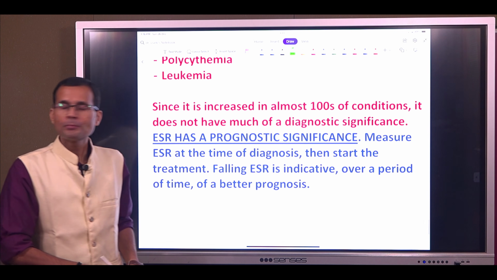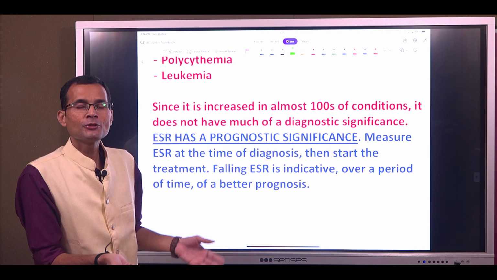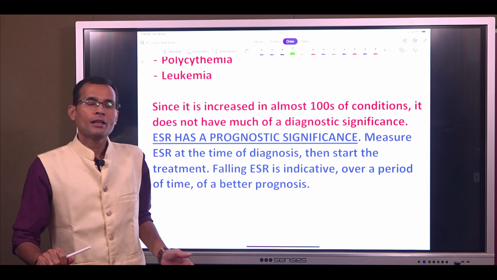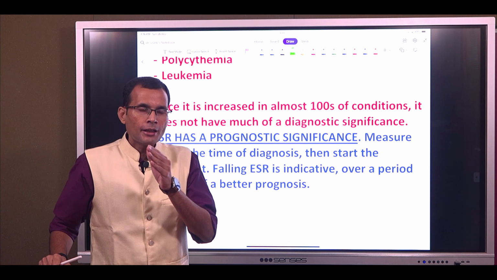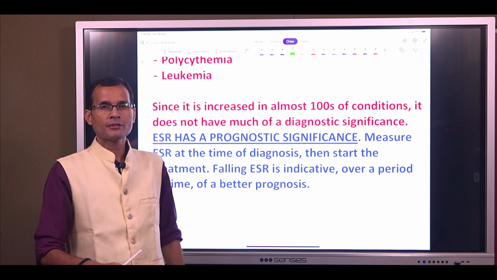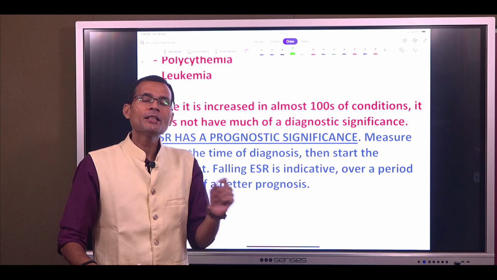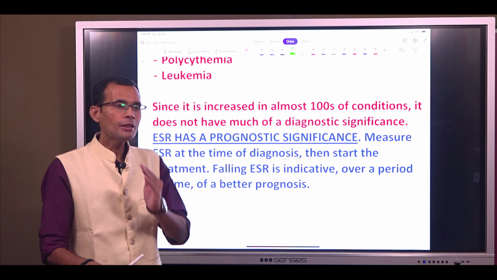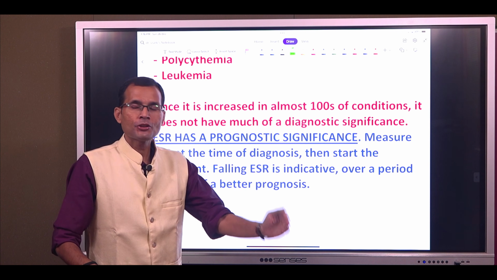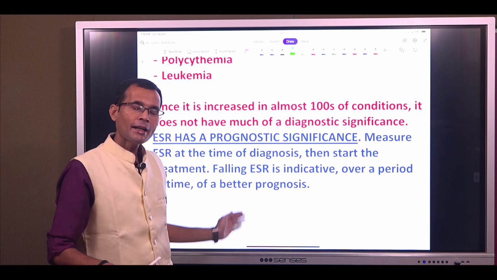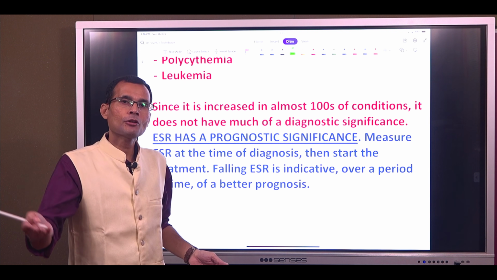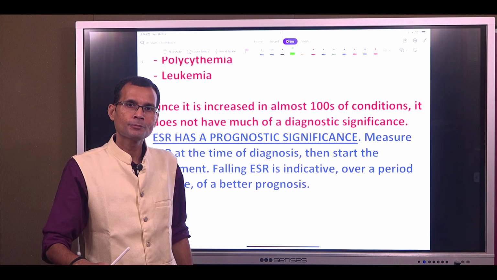So, as I mentioned, if it is going to increase in these hundreds of conditions, what is the clinical importance? Well, it has prognostic value or prognostic significance. What do I mean by that? It's about the progression of the disease. Let's say a patient of tuberculosis has just been diagnosed, and the ESR is in excess of 100 millimeters at the end of 1 hour.